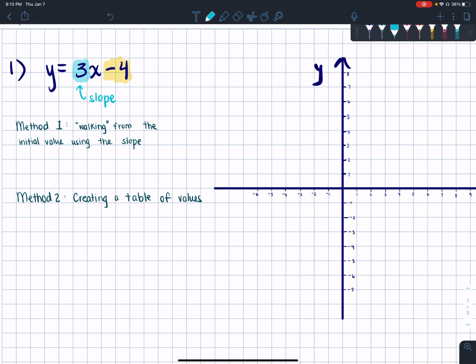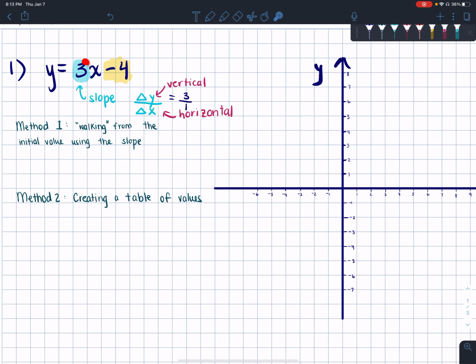And if you remember, slope is your change in y over your change in x, which is your vertical change over your horizontal change. And since our slope is 3, we can think of that as 3 over 1, which means we have a vertical change of 3 with a horizontal change of 1.